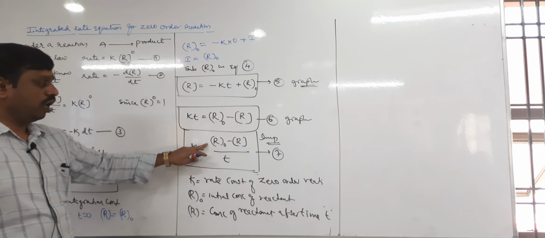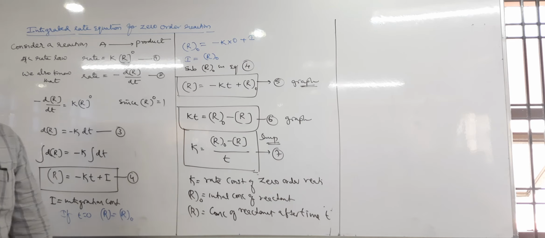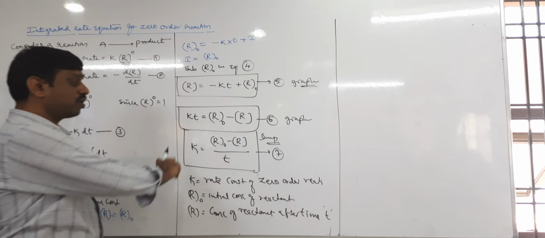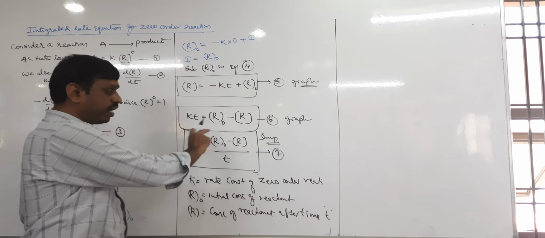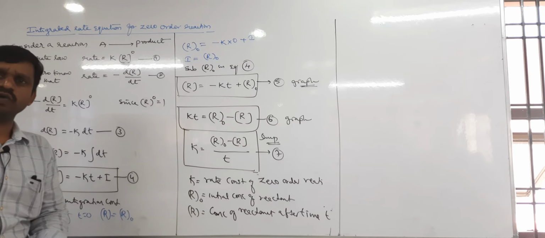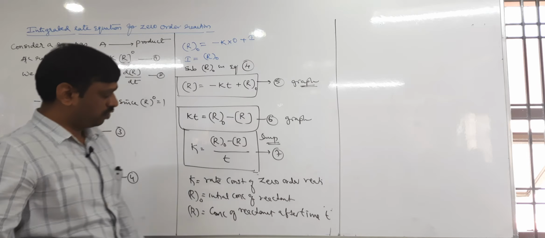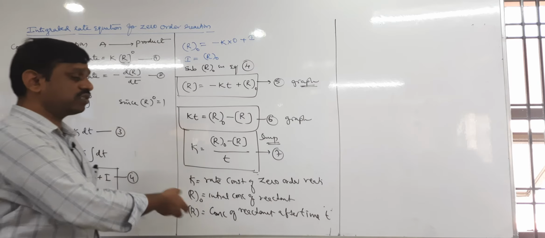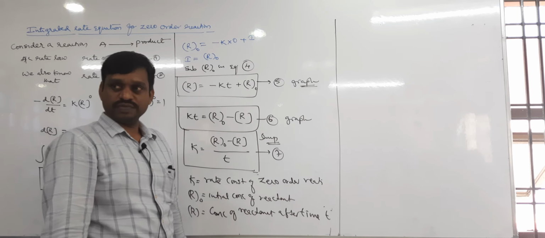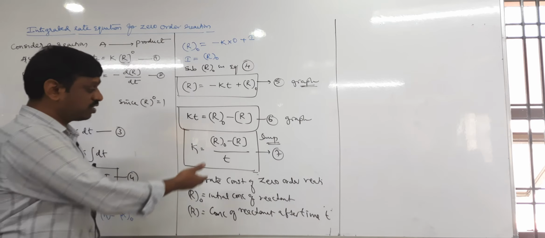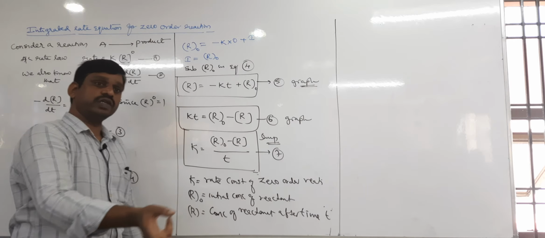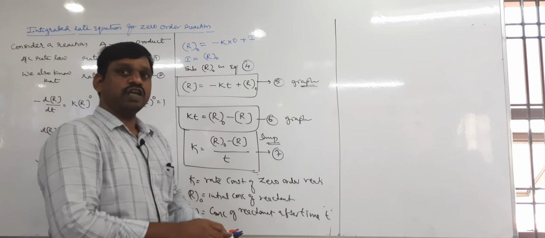K equal to R naught minus R by t. Okay, but actually we want other forms of the equation. Can you write any other forms of this? Sometimes they give a question like this: which of the following is a rate equation? Which of the following equations is related to zero order reaction? So we may not always expect this equation. This equation can be modified in other ways.